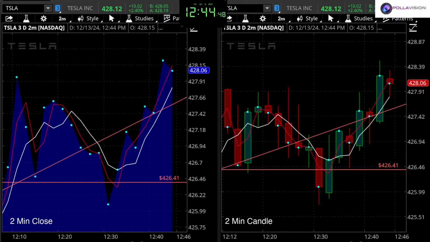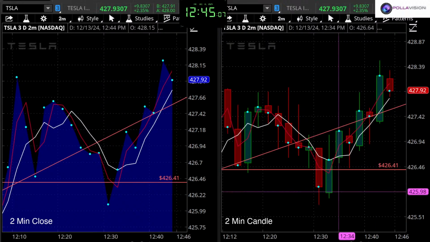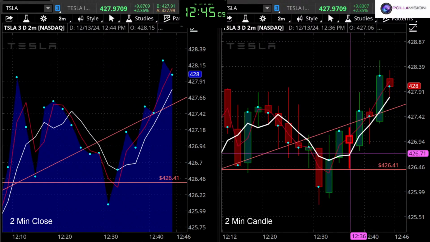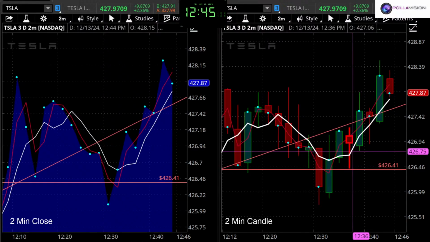If you watch the closing price instead of watching the volatility, you will probably stay in longer, and good chance you'll make better decisions, because a stock like Tesla goes all over the place.